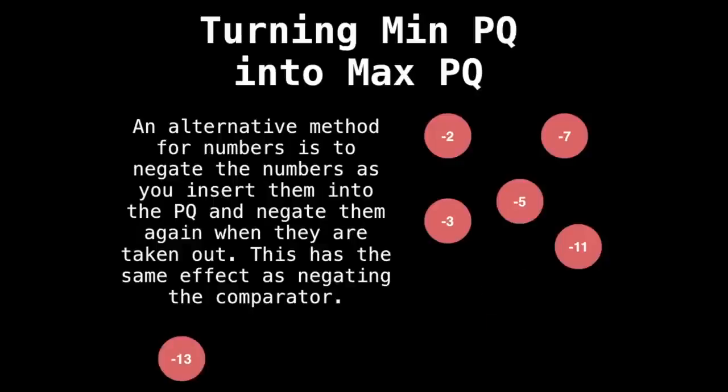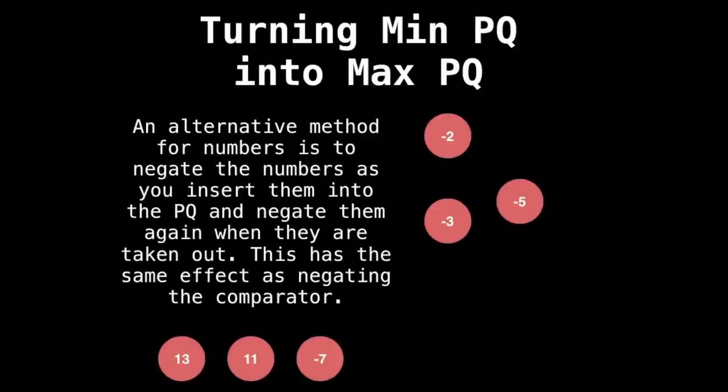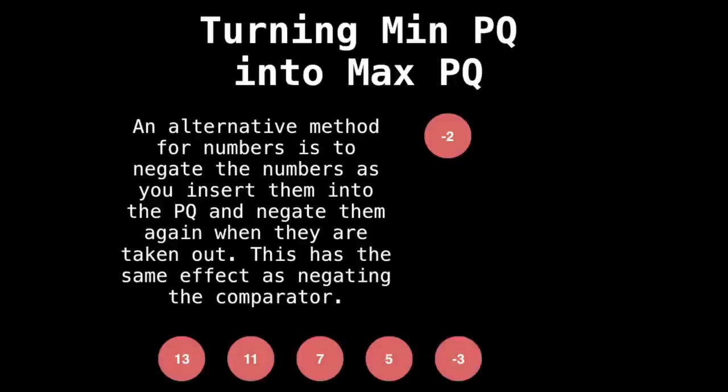So minus 13 indeed comes out first, but now we have to negate it and we get 13. Everything is good so far. Next is minus 11, so really positive 11, and so on, minus 7, 7, and so on. Just keep pulling and then renegate the value to get it out of the priority queue. It's a pretty neat hack.